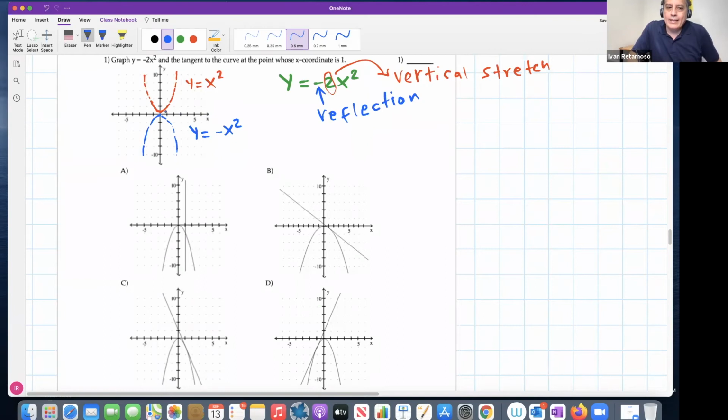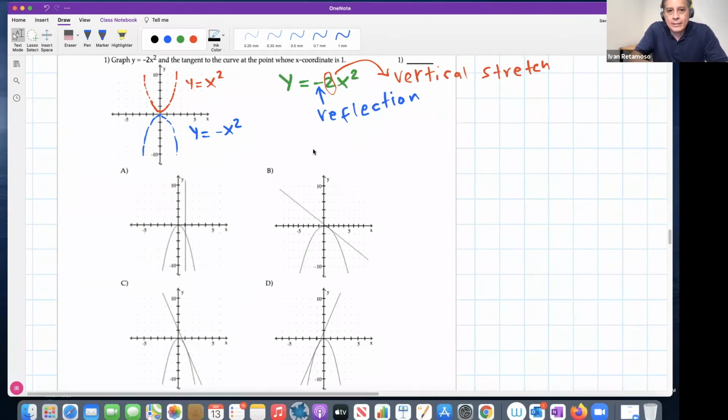And then at x equal 1, draw the tangent line and match the graph. And if there are two candidates, try to use test points to check which one is the one.